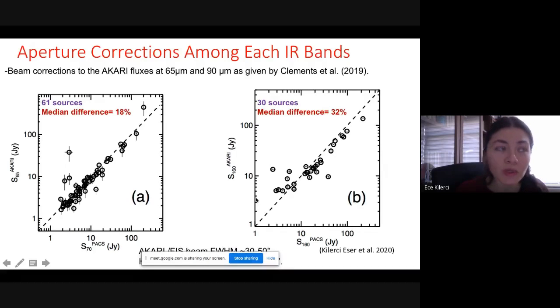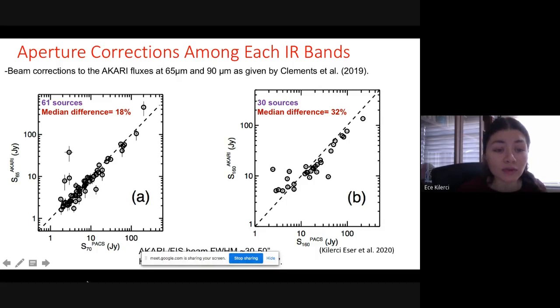But when we combine data from different telescopes, we need to take into account aperture corrections. For our sample especially, they are nearby sources. So that's why we use the beam corrections given by Clements et al. 2019 for our Akari 65 and 90 micron.